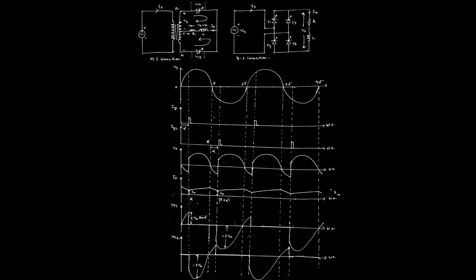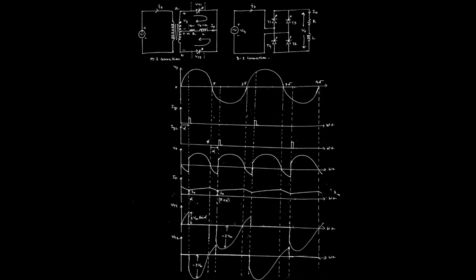At the same time, T3 and T4 will both be in forward biasing condition. That is why we should apply the proper triggering pulse across thyristor T3 as well as thyristor T4, at the same instant and for the same duration. Once thyristors T3 and T4 are switched on, the current from the supply voltage starts flowing in this direction, as happens in the negative half.